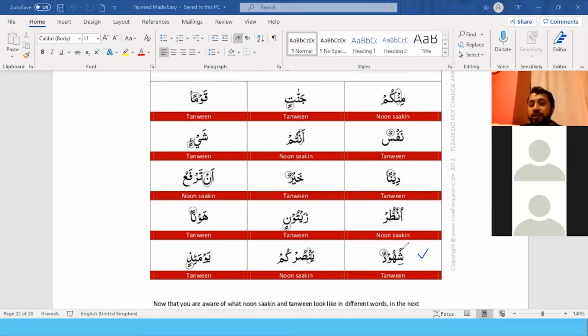So Sheen with the Dhamma, how would you recite it? U sound. Yeah, so put it on the Sheen, so what would it be? Shu. Shu, excellent, mashallah. So put it together now.